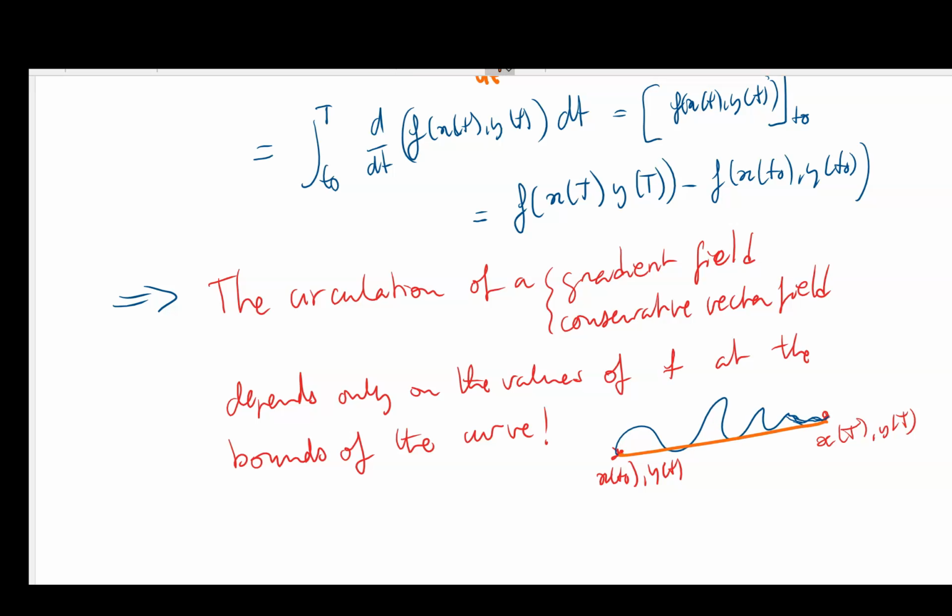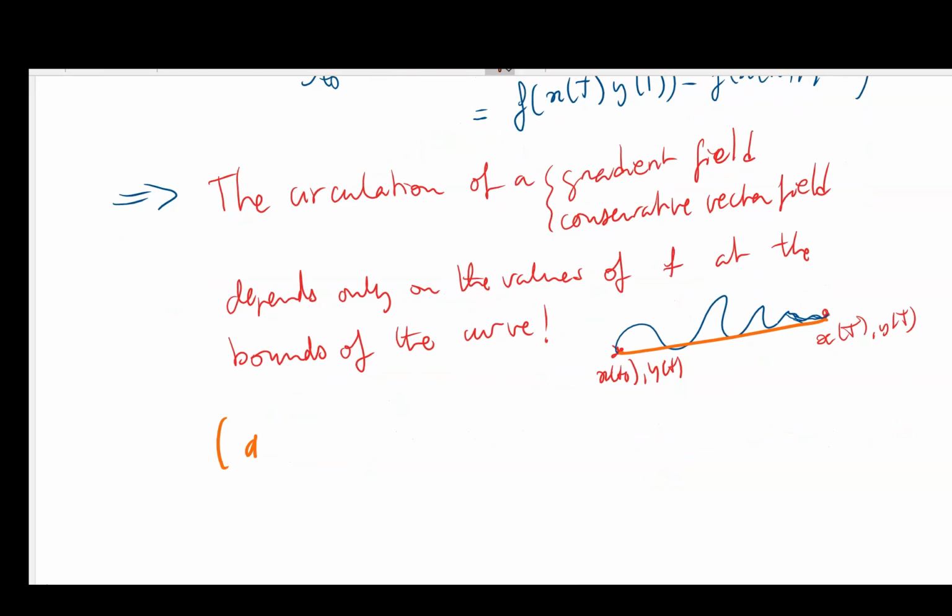So it would be exactly like if you had gone there using a straight line. Okay, and that works as long as your curve is included in a star domain.